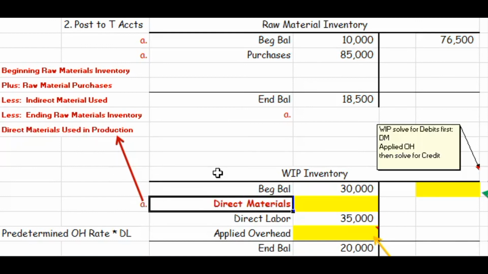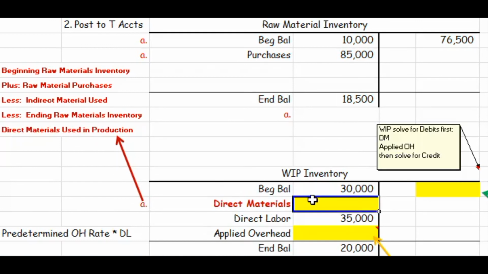That is your formula. So given that information, we want to insert that information as far as the 10,000 plus the 85 less a $10,000 indirect materials less the ending balance in raw materials, which is $18,500.